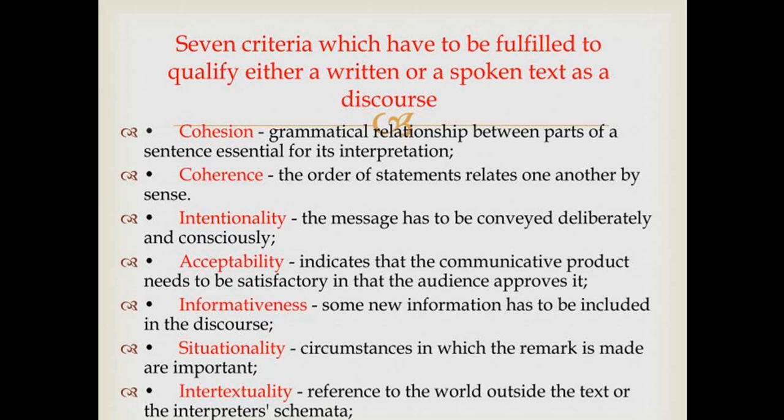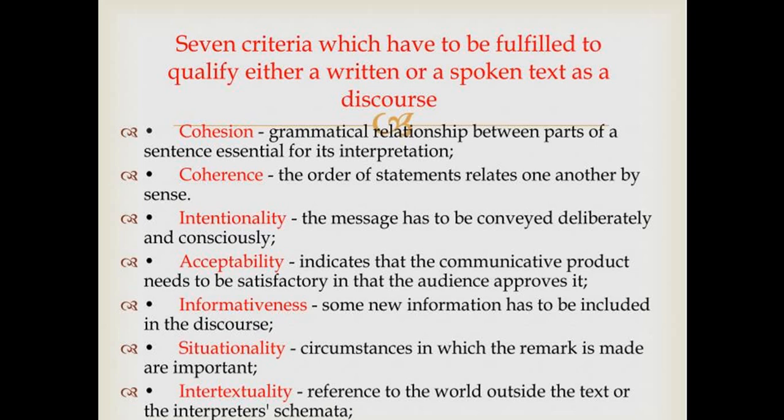Cohesion, the grammatical relationship between parts of a sentence essential for its interpretation. Coherence, the order of statements relating to one another by sense, by meaning. Intentionality, the message has to be conveyed deliberately and consciously. Acceptability indicates that the communicative product needs to be satisfactory in that the audience approves it.